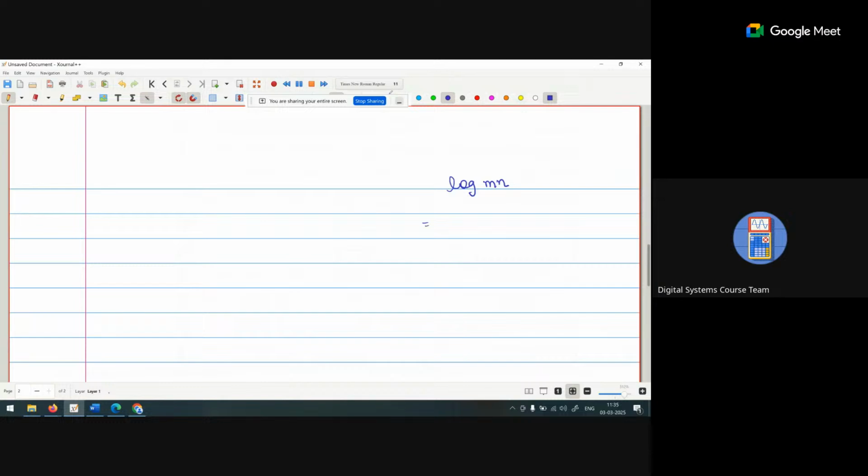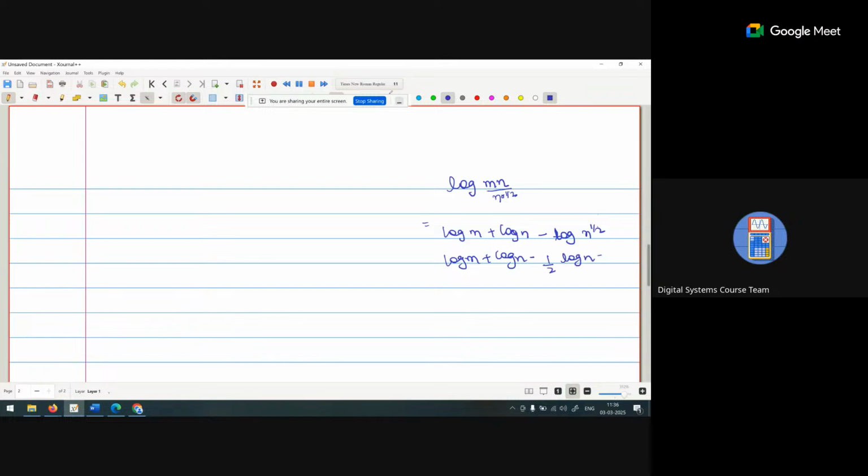Okay, so I can write it as log of mn upon n raised to power 1 by 2. So I can write log m plus log n minus log n raised to power 1 by 2. It is possible, or I can write log m plus log n minus, this power will become a multiplication, 1 by 2 log n.